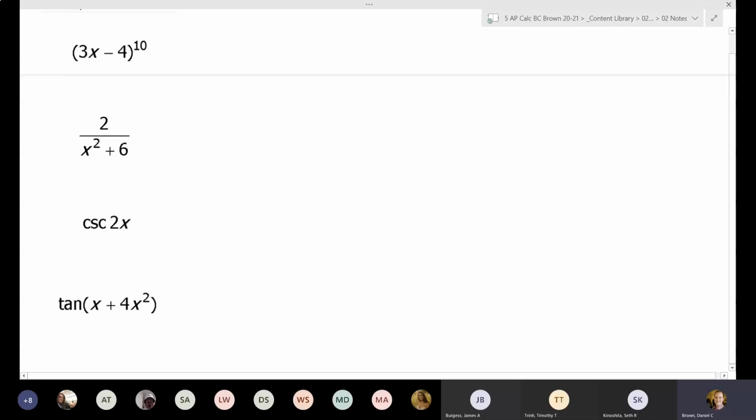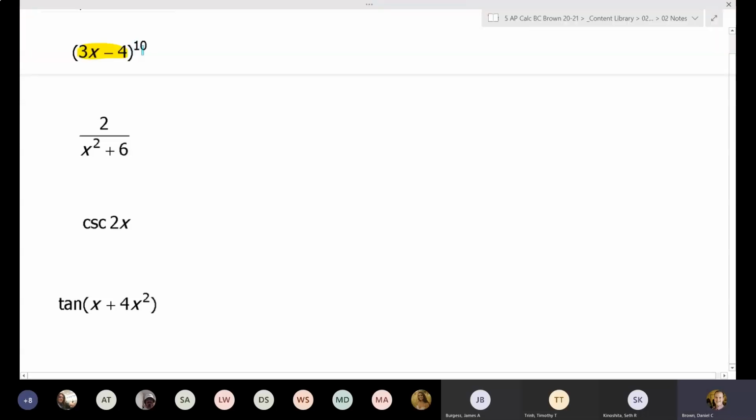So these are the 4 functions we've looked at on that right-hand side. And right now, before we even find the derivative, I want to talk about what will be the inside and the outside portion of these functions. I think inside is a little bit more obvious. If you're looking at this first problem, I think it's easy to see that the inside function is this 3x minus 4.